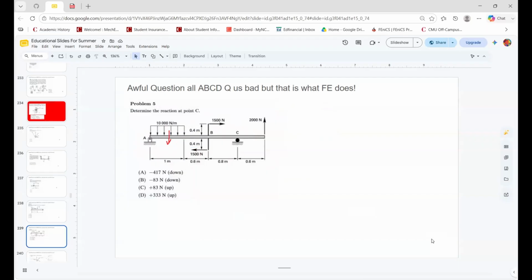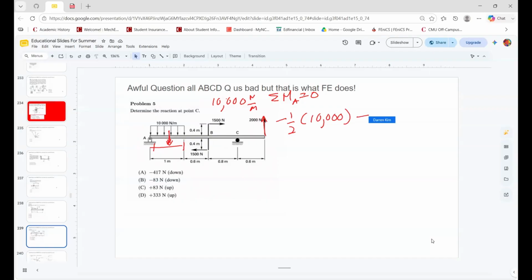Anyways, this is 10,000 newtons per meter, which means you just have to multiply by 1 for this case. So we'll do a summation of moment at A equals 0. So we'll do a half, parentheses, 1 times 10,000, just because of how it's just 1, and 1 multiplied by 10,000 is not because of anything else. And it'll be, wait, is this positive or negative? I keep on not checking it.